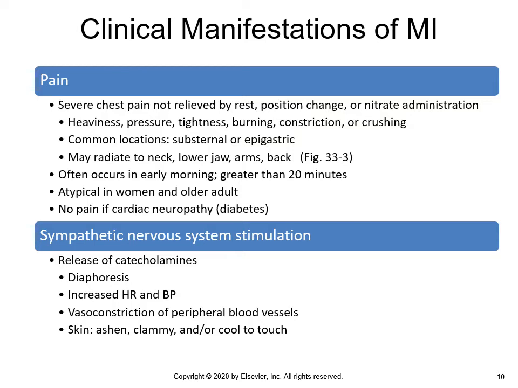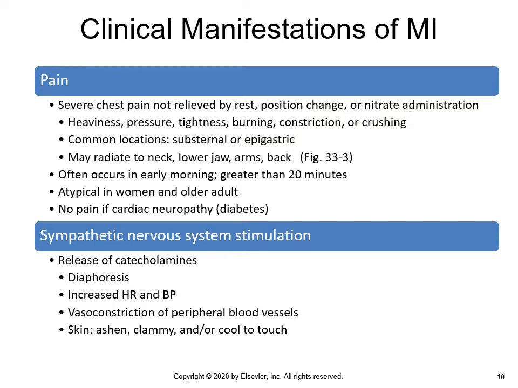Not everyone who has an MI has classic symptoms. Some patients may not have pain, but may have discomfort, weakness, nausea, indigestion, or shortness of breath. Some women may have atypical discomfort, shortness of breath, or fatigue.